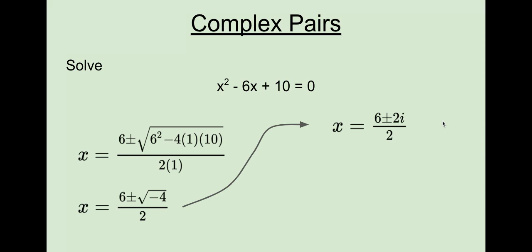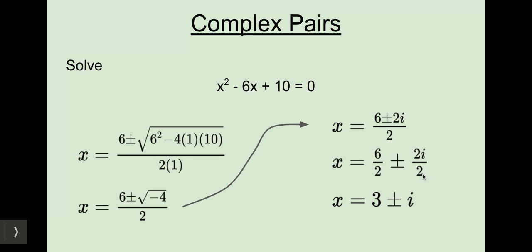Now I have a common denominator, so I'm just going to split them up. So I have 6 divided by 2 plus or minus 2i divided by 2. And now it's just simple arithmetic. 6 divided by 2 is 3. The 2s divide out, so I get an i. And so you see I'm left with x equals 3 plus or minus i. All right, and this comes out to be 3 plus i and 3 minus i.